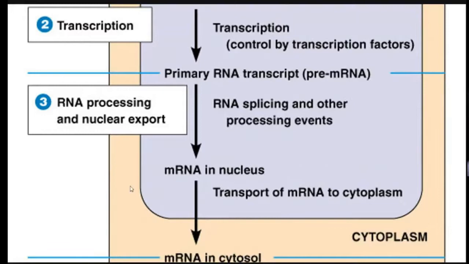And dito, di ba, after mo mag-transcription, gumagawa ka ng pre-mRNA. And yung pre-mRNA, it undergoes RNA splicing and other processing events. Namely, yung pagdagdag ng 5' methyl cap at polyadenylation, di ba? So, yung RNA splicing and pagdagdag ng mga caps na yon, kasama na yon sa RNA processing.